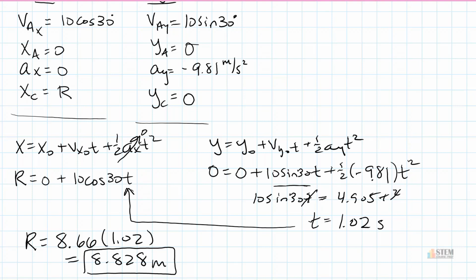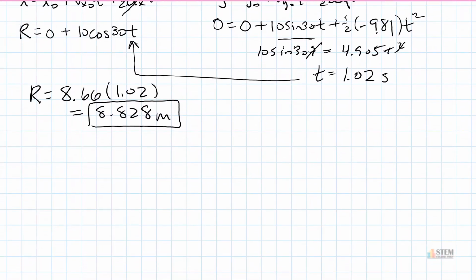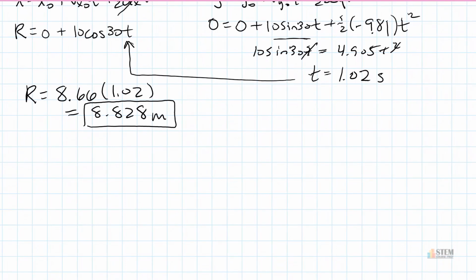Okay, well there's not much else I can do here from A to C, so now let's look at some different equations. So now let's look at our velocity equations. Okay, so let's use this one. So VC squared is going to equal your initial velocity squared.